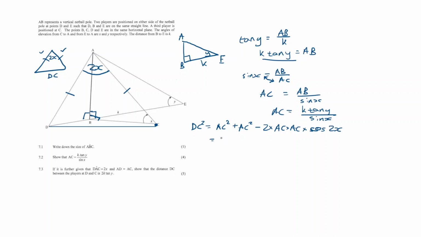AC squared plus AC squared is 2 AC squared, minus 2 AC squared cos 2x. It's tempting to say, oh, 2 AC squared minus 2 AC squared is gone and I'm just left with cos 2x. Don't do that. Rather take out a common factor. If I take out 2 AC squared, I'm left with 1 minus cos 2x.